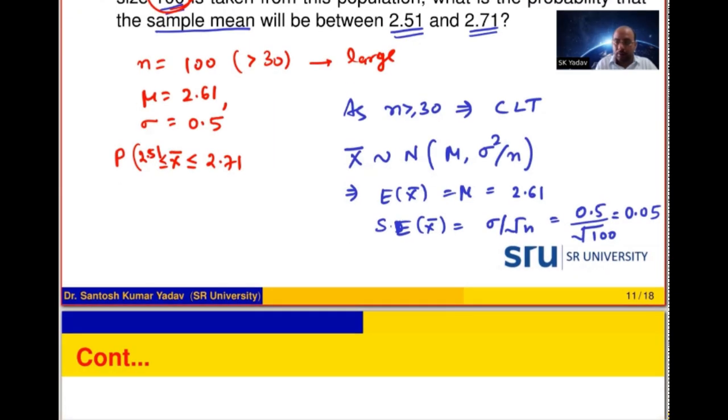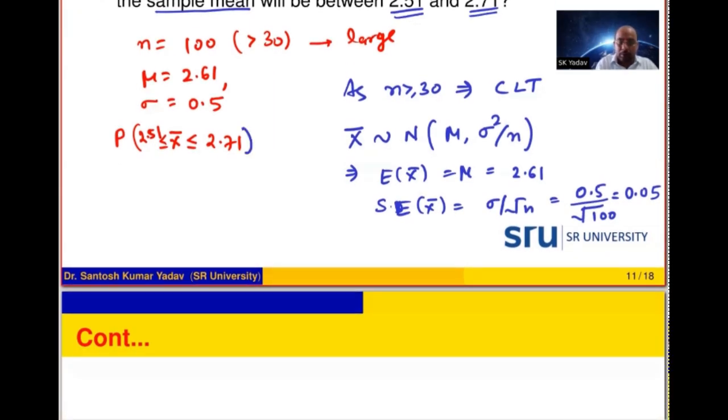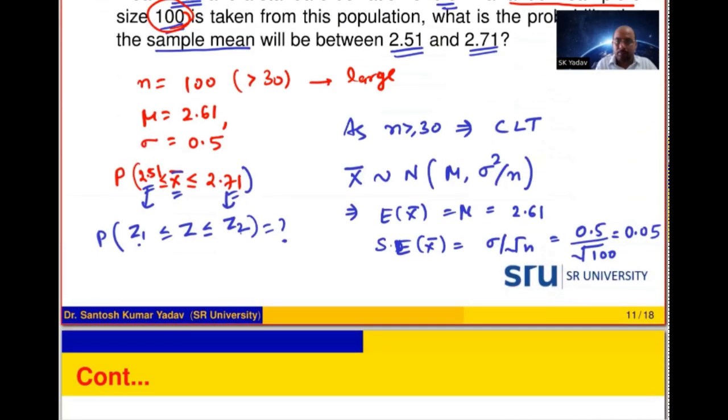Now, to find the probability of x bar in this range, I have to change x1 bar and x2 bar into z1 and z2. So the probability of finding x bar in this range will be changed to the probability of finding z between z1 and z2, which are the corresponding values for x1 bar and x2 bar. So this we have to find out. Let us do some calculation here.